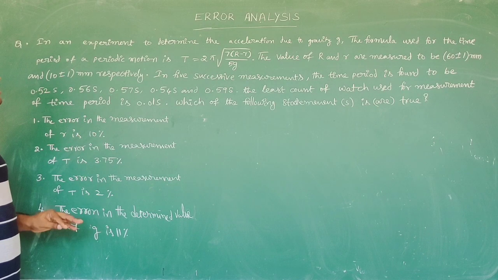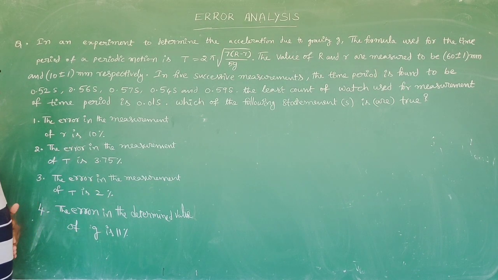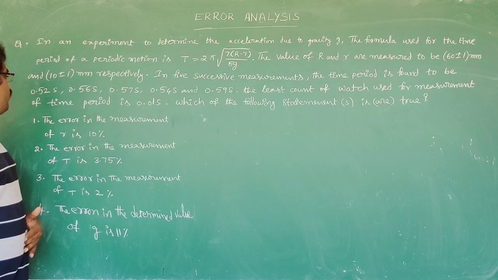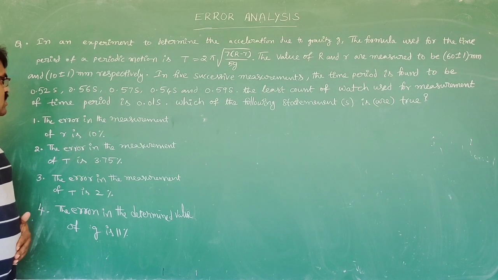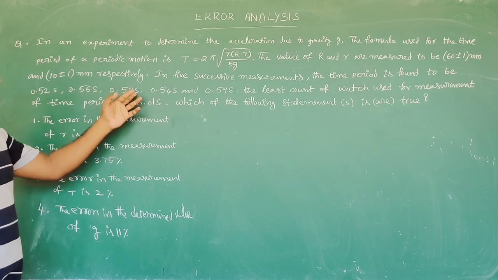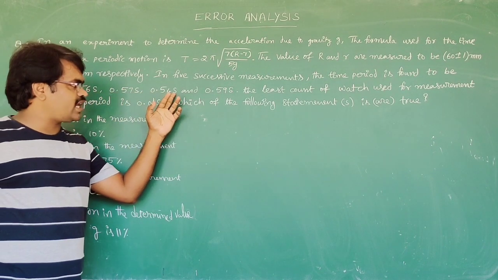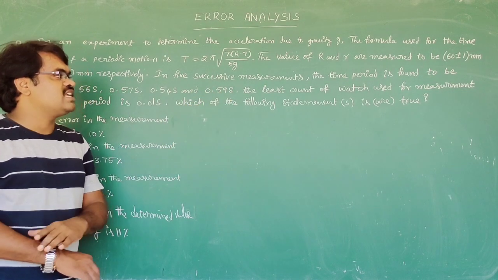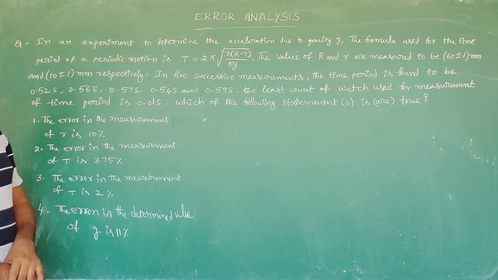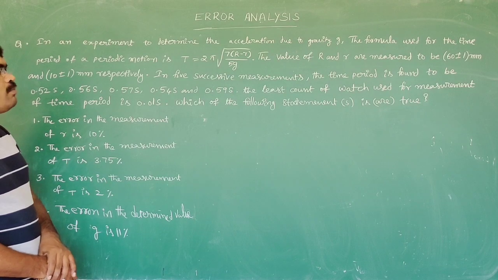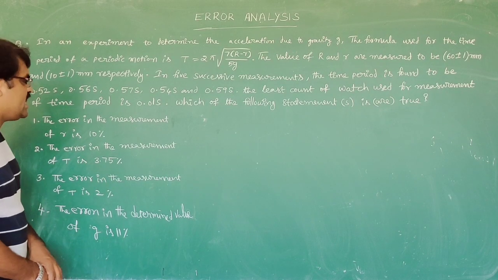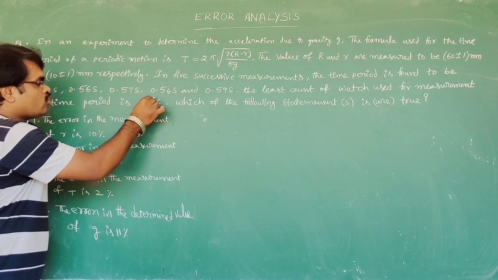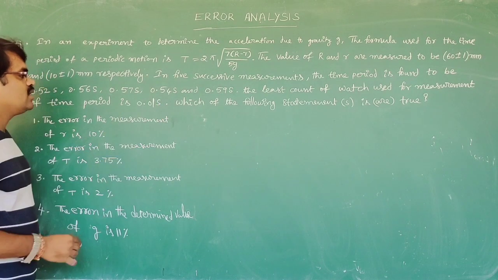In 5 successive measurements, the time period is found to be 0.52 seconds, 0.56 seconds, 0.57 seconds, 0.54 seconds and 0.59 seconds. The least count of the watch used for measurement of time period is 0.01 second.